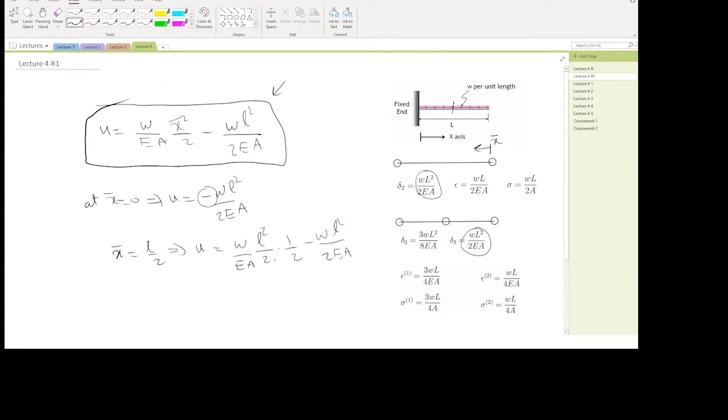So this is basically 1/4. So it is going to be WL squared over 4EA. And I'm subtracting half from that. Now half is basically 2 divided by 4. So I'm just going to replace this by 4. 4 multiplied with 2, though this is 8.